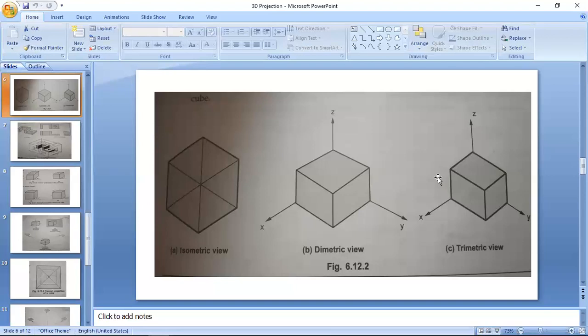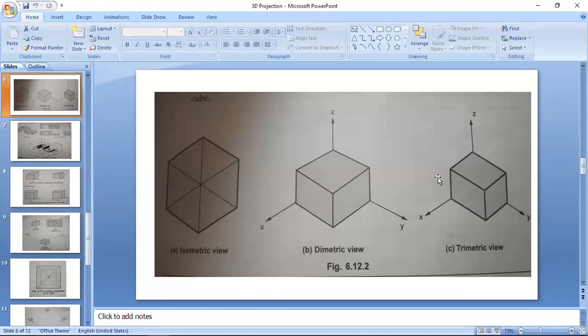The foreshortening factor is the ratio of the projected length of a line to its true length. So these are some important points you have to remember in axonometric projections.